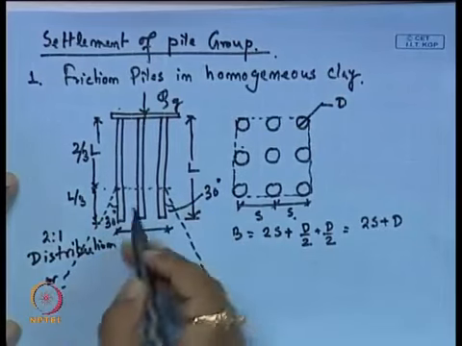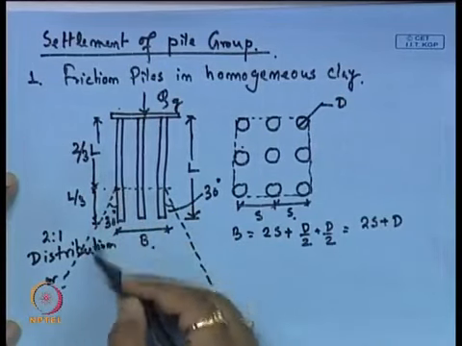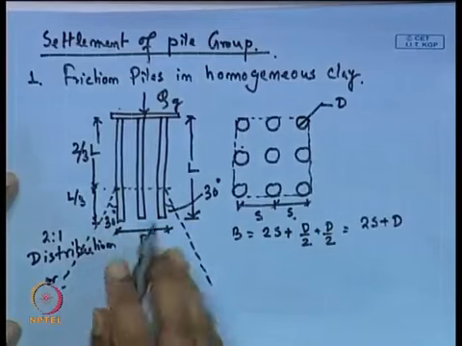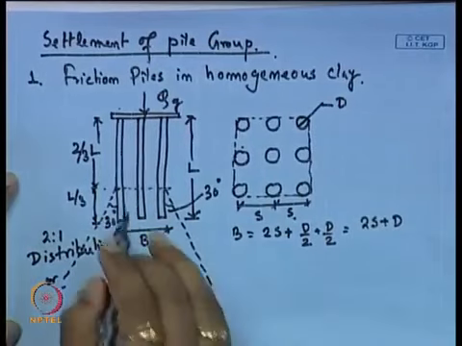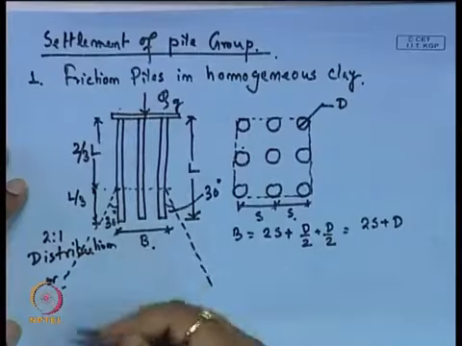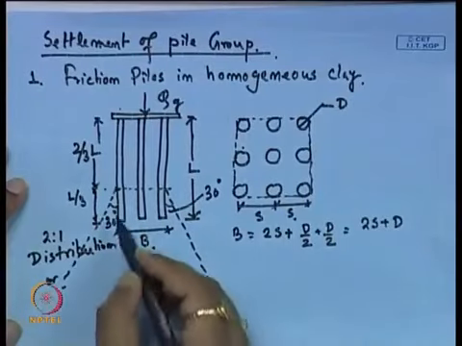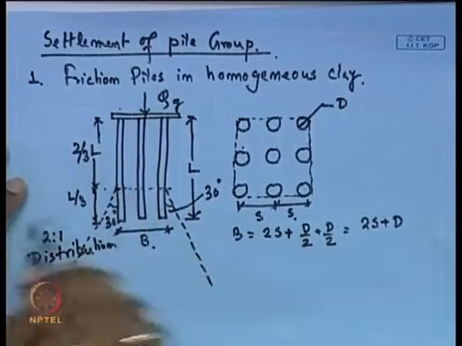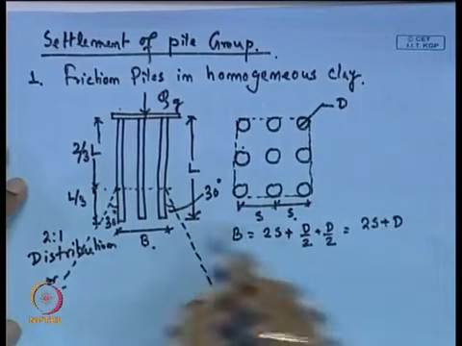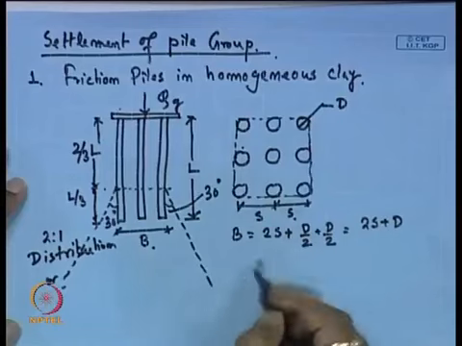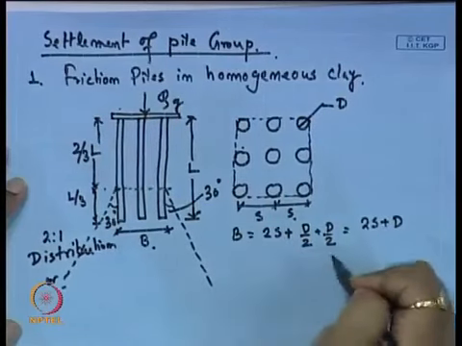Now, this extension will be up to twice B for the settlement calculation, as mentioned during the calculation of settlement for the raft foundation. So, the extension of this influence zone is up to twice B of the pile. Now we will calculate the spacing. If there is another pile, then this will be 3S plus d.